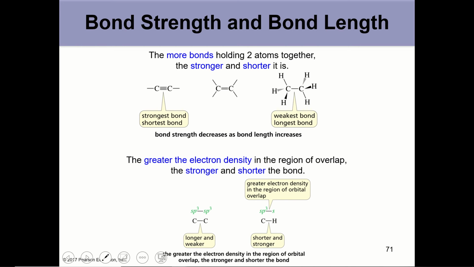Okay. We can look at electron density in the region of overlap to help determine whether a bond is shorter or longer. For example, the higher the s character relative to the p character, the shorter and stronger a bond will be. So if we look at an sp3 to s, you write the ratio of s to p when you add both of the hybridizations together.